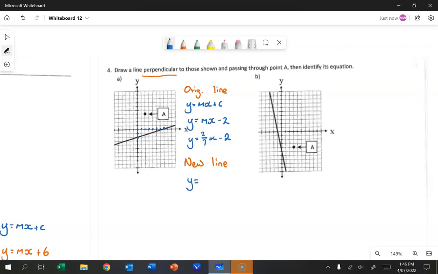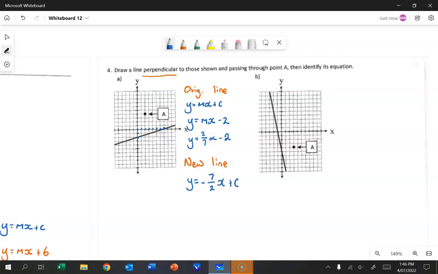It's not the same like it was in parallel. What we do is we flip it upside down. So instead of 2 over 7, it becomes 7 over 2. And because it was positive, it is now negative, which makes sense because remember that perpendicular line went down this way. So it would show a negative trend.